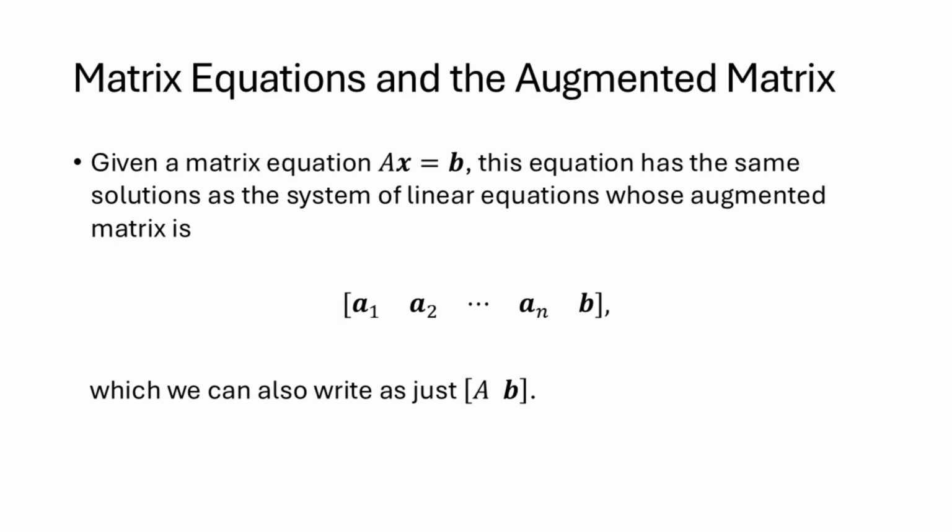In general, the way that you solve a matrix equation Ax equals B is to write the augmented matrix, where the columns of the augmented matrix are the columns of A with an additional augmented column that is B. And sometimes we'll collapse that down and simply write that as capital A, B, all in square brackets, when we need to abbreviate.